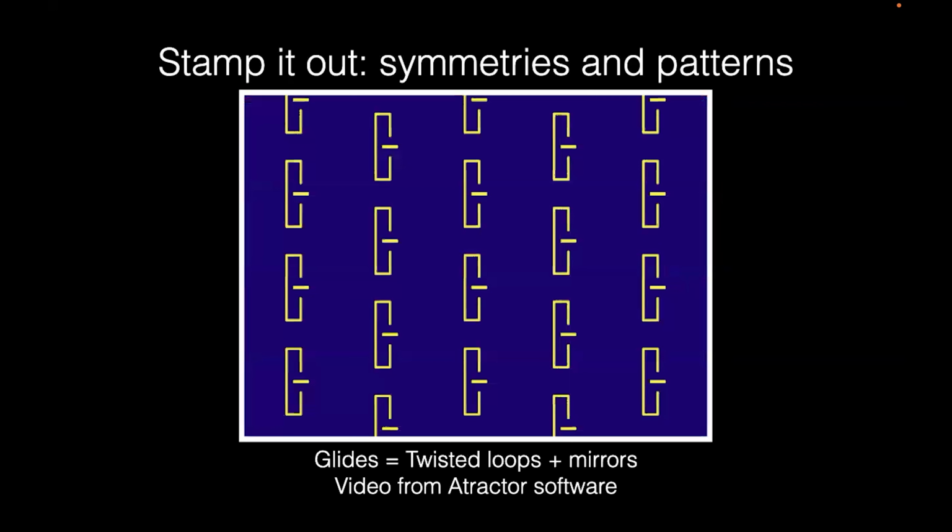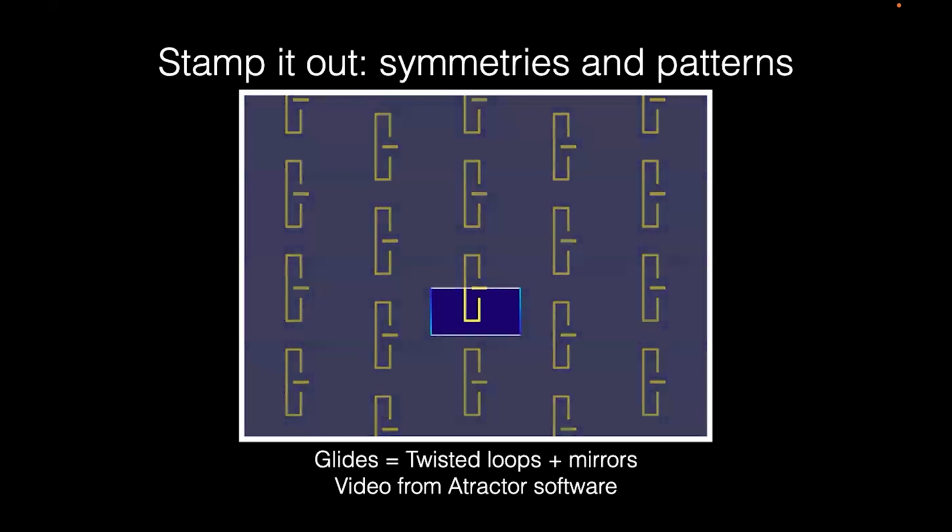So there are some other symmetries we can have here. This one is not so obvious, and this is called a glide symmetry. So it's got translations, and there's some mirror. This one's confusing. So here we're going to show that using a different fundamental domain.